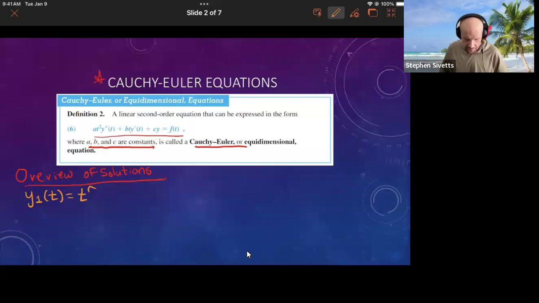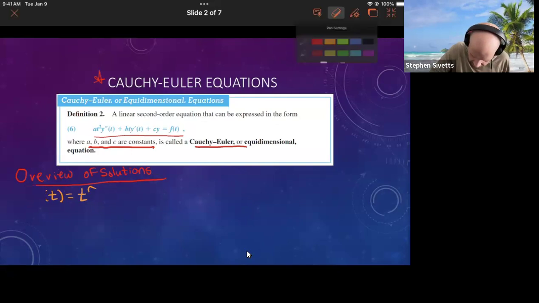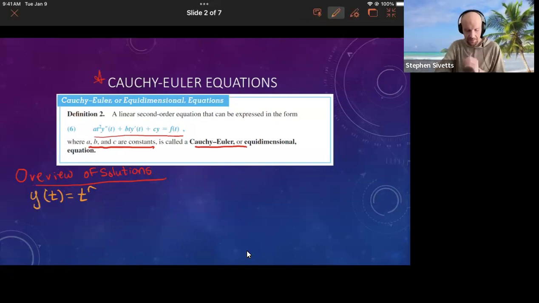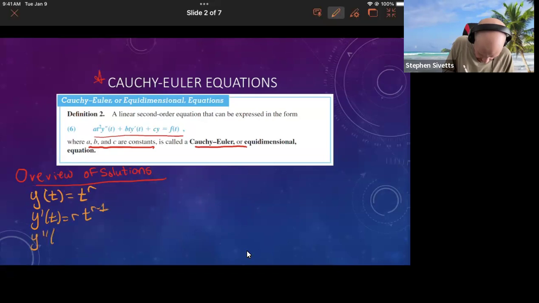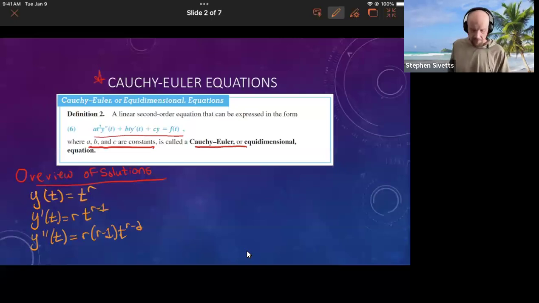Then if we differentiate, y prime of t is r times t to the r minus 1, and y double prime is r times r minus 1 times t to the r minus 2.